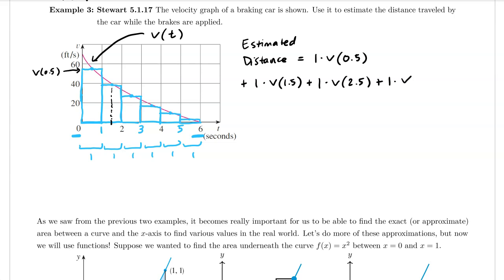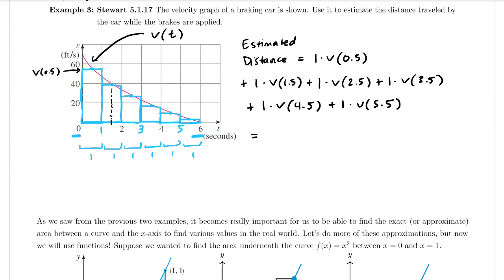So 1 times v of 3.5 plus 1 times v of 4.5 plus 1 times v of 5.5. And that's going to be the height of our last rectangle. And hopefully you see that every term in our sum here is being multiplied by 1. And so if that were any other number, we could factor it out, or we could just think about this as the velocities by themselves.